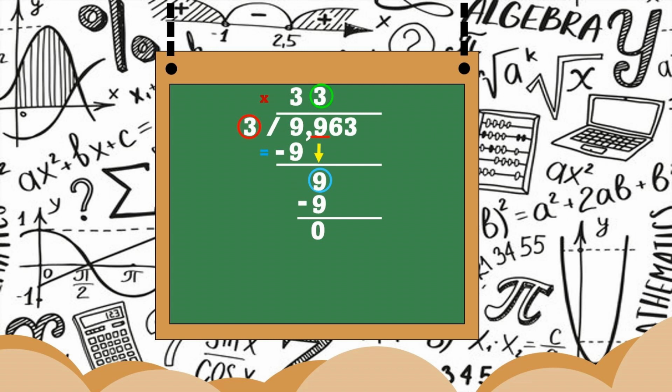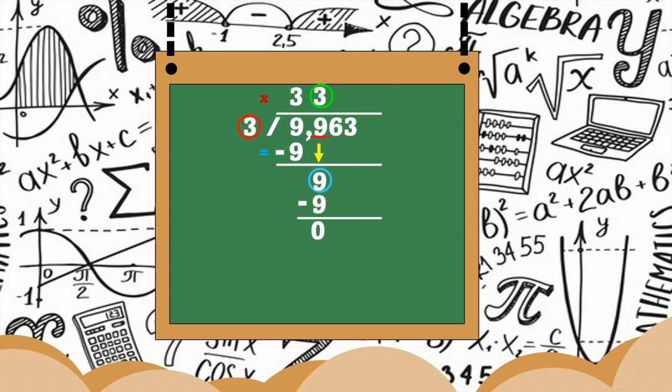So 9 divided by 3 is equal to 3. Then we will multiply our quotient by 3, and the answer will be our subtrahend. So 3 times 3 equals 9. Next, the 9 that we brought down will be subtracted by our subtrahend, which is also 9. So 9 minus 9 is equal to 0.